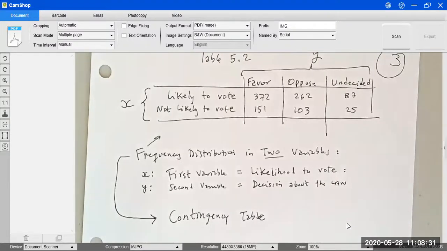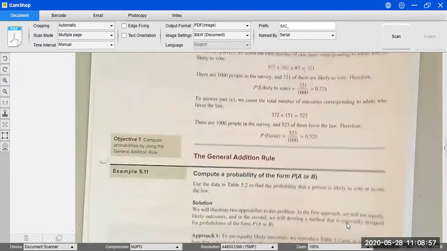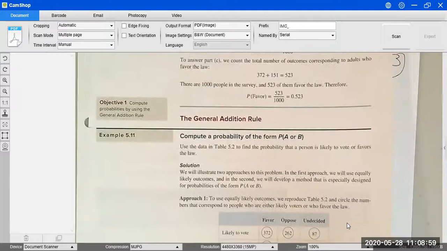So now we're going to work on another problem to see how we're going to apply the addition rule. So the addition rule can be used either by applying a formula or by applying the concept. So let's see, we have here example 5.11.